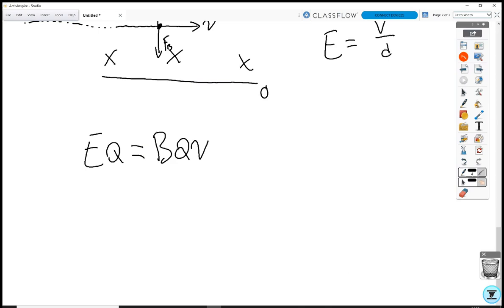And he knows that E is equal to V over D. So here we get QV over D equals BQv, where little v is velocity. The charges now cancel out.